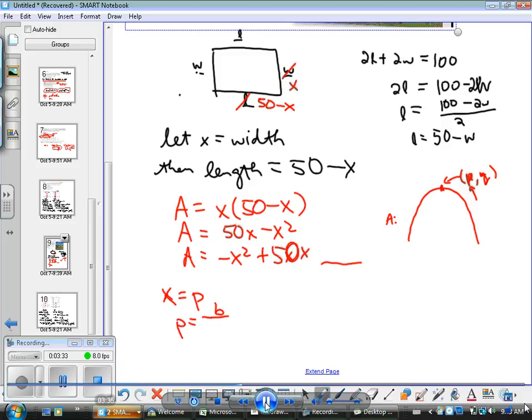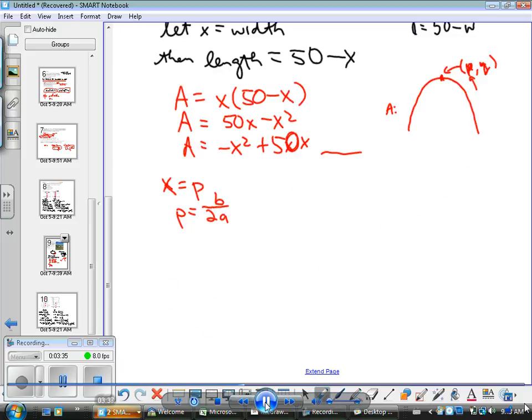So we're just going to use that formula that we had, P is equal to negative B over 2A. It's just an expression that you can use. B is 50. I forgot the negative in front, so I added it in there. So P is negative 50 over 2 times negative 1, which equals 25. So the x-coordinate of our vertex is going to be 25.